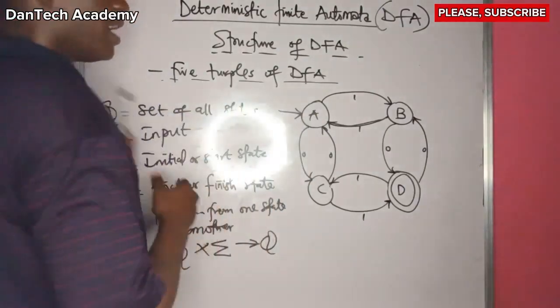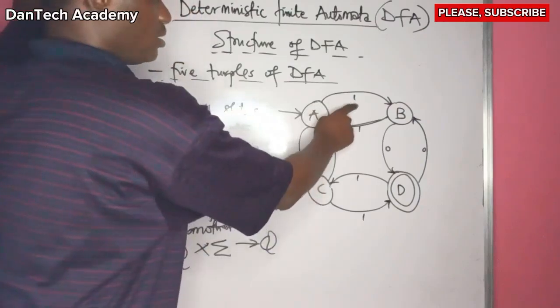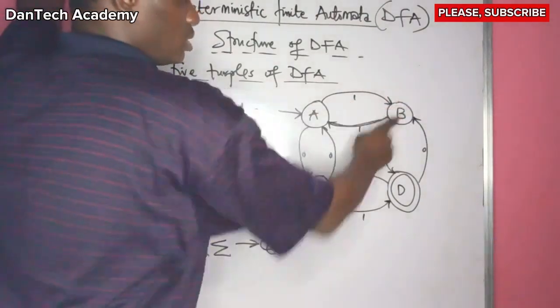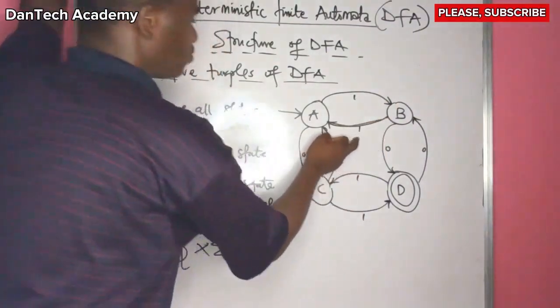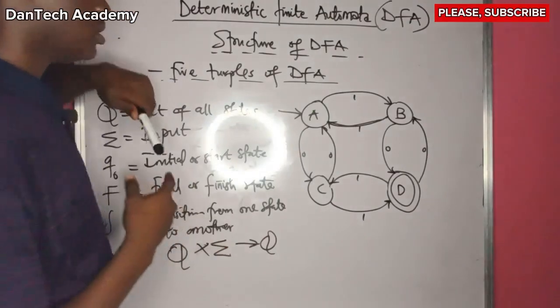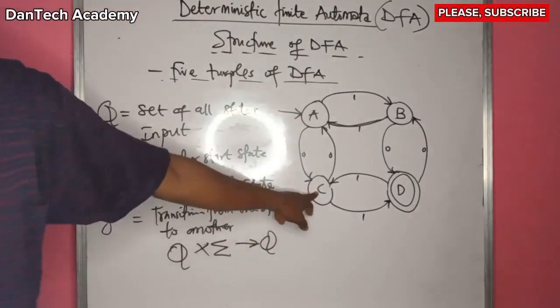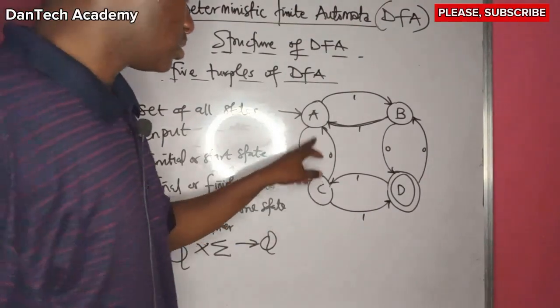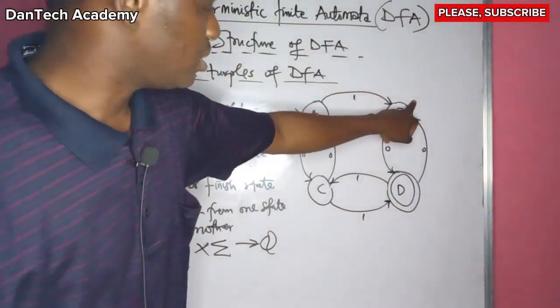If I have input of 1, I move down to state B. In state B, if I have input of 1 also, I move to state A. In state A, the input of 0 moves me to the next state C. In state A, the input of 1 moves me to the next state B.